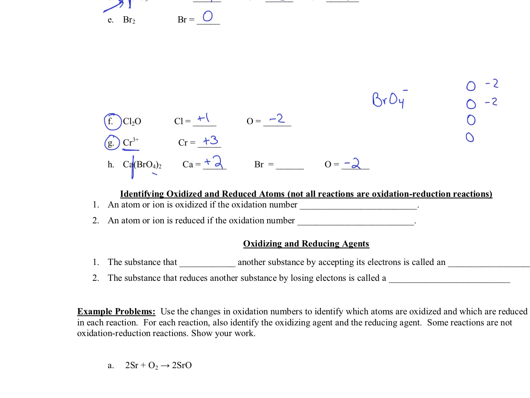Each is -2 in oxidation number for a total of -8. And then I have 1 bromine, and the oxidation numbers have to all add up to -1 because the charge on that ion is -1. So my bromine oxidation number must be +7.